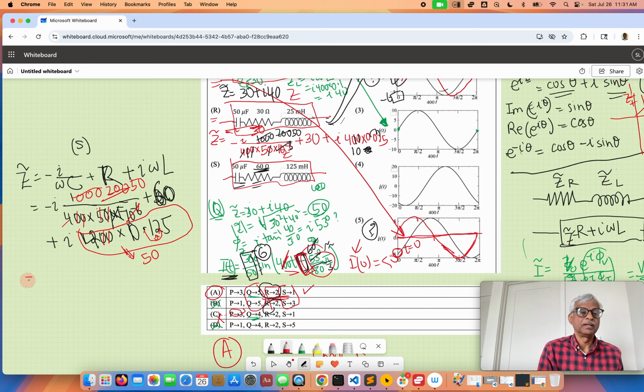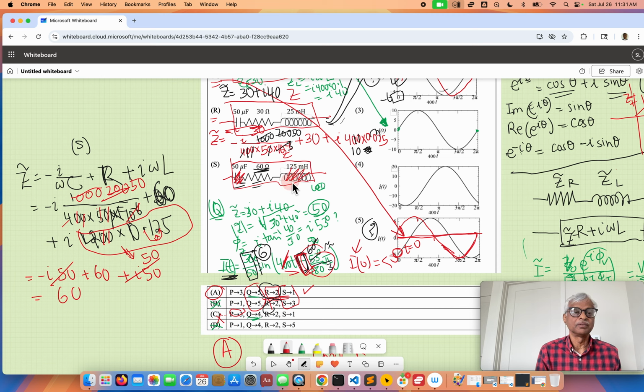So I get minus I50 plus 60 plus I50. Oh, this cancels out. So there's no phase difference. So this is just as if these guys are not even there as far as the phase is concerned.